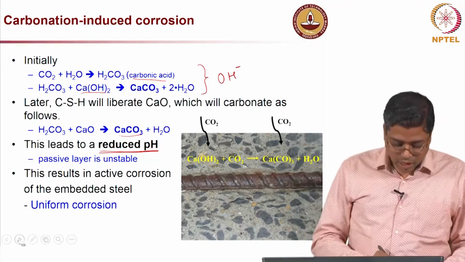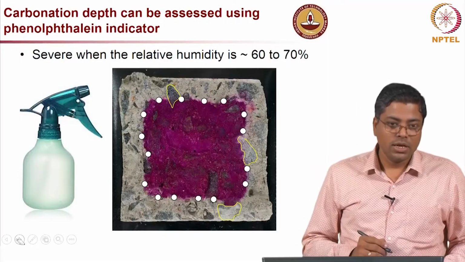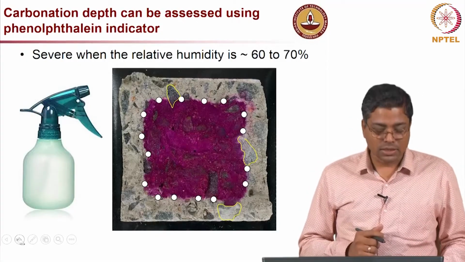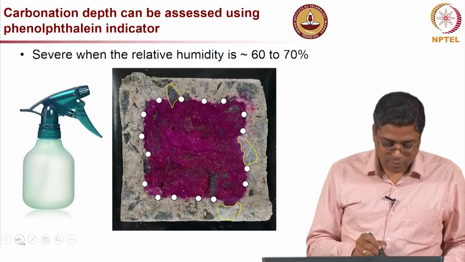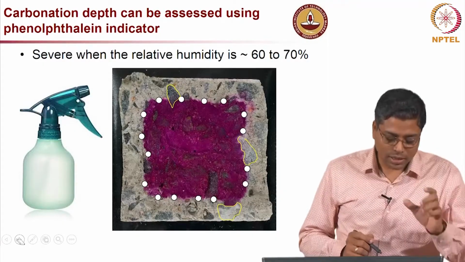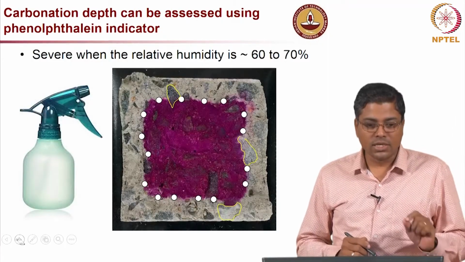Now let us look at how the carbonation depth can be measured by using a simple test. If you remember from your earlier college time in the chemistry lab, you might have used phenolphthalein indicator to see a change in the pH.